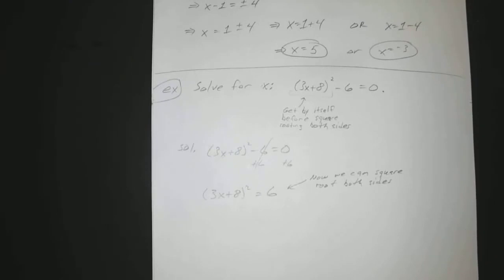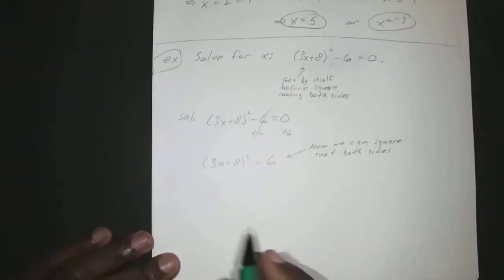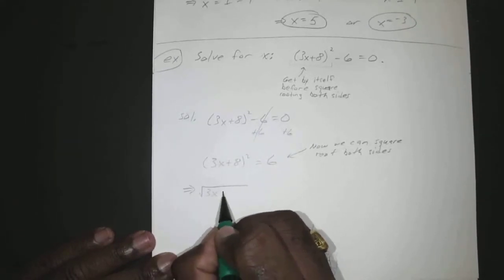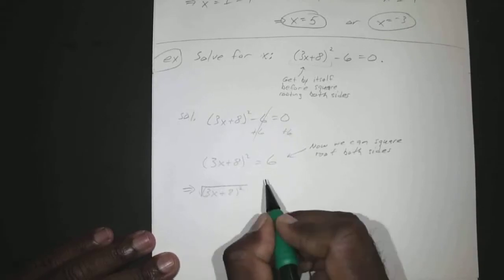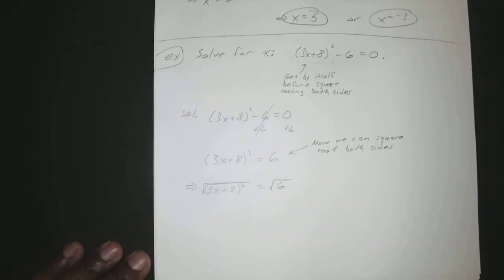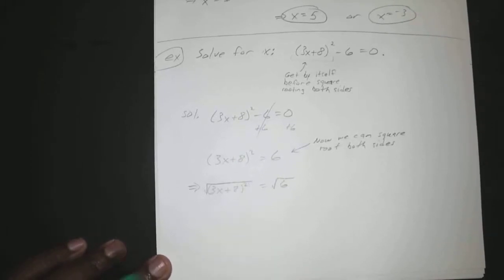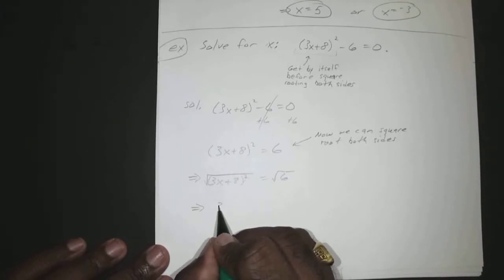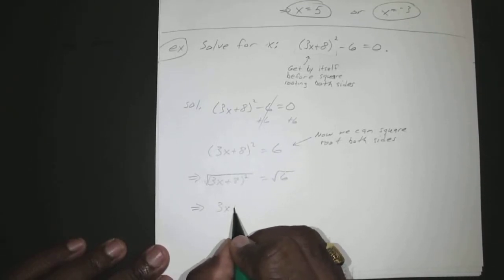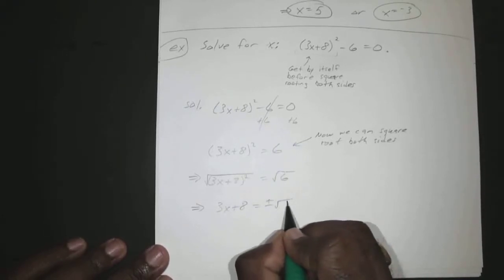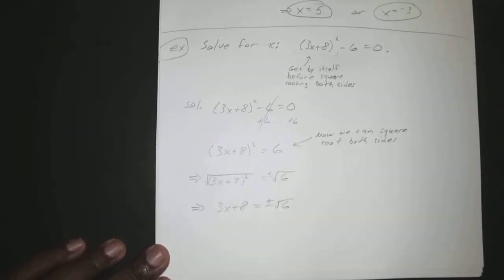Okay, so any questions on that step so far? All right. So now if we square root both sides, the square root of 3x plus 8 squared equals the square root of 6. Here the square and the square root just cancel each other out. So you have 3x plus 8 equals plus or minus the square root of 6.